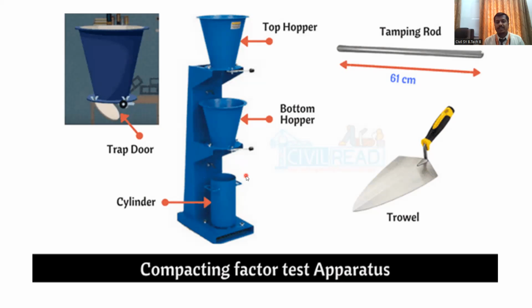Along with the weight of the cylinder, you have to take the weight of the concrete in it. This is the first weight, W1, that you have to take: the weight of the concrete which is poured in the cylinder.